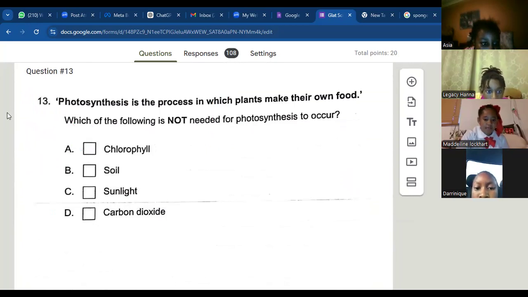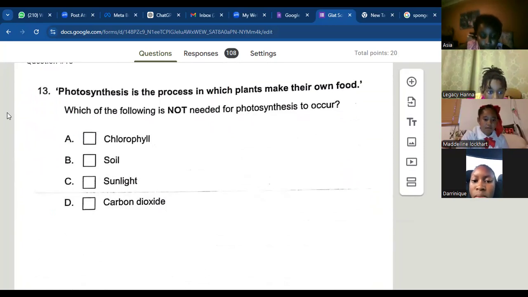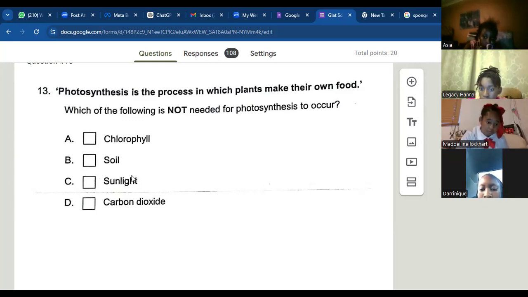Which of the following is not needed for photosynthesis to occur? Chlorophyll, soil, sunlight, or carbon dioxide? Very good. Which is not needed for photosynthesis?